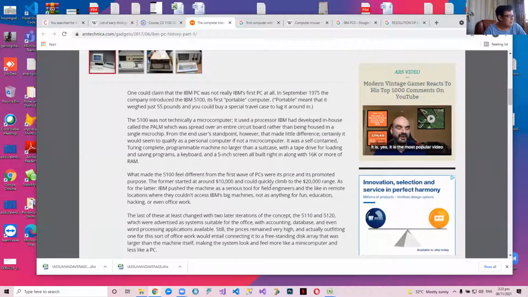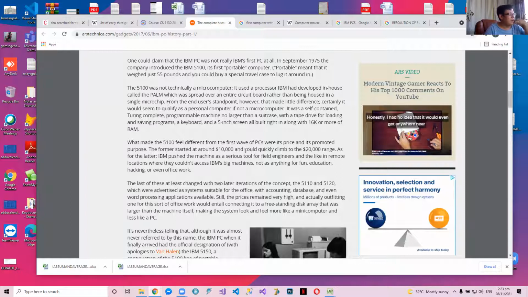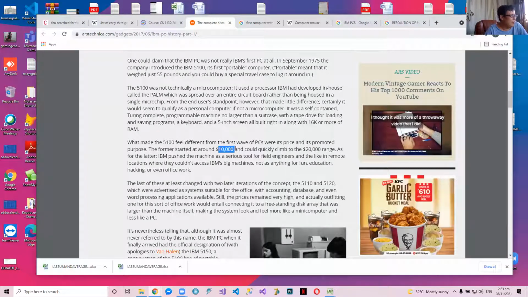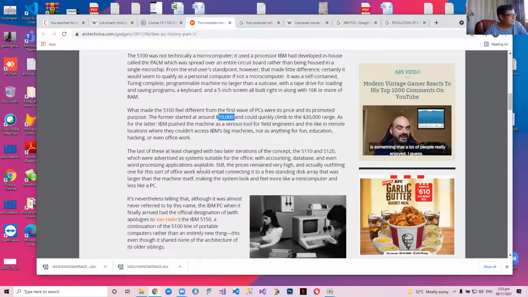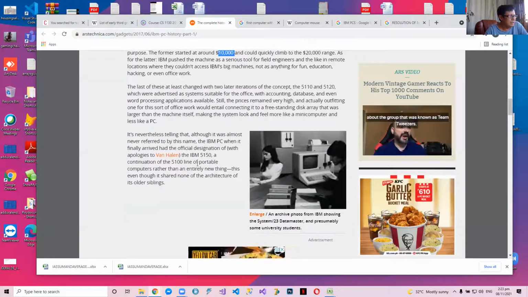The 5100 was sold at $10,000. That's still very expensive. Why? Because Apple was selling its PCs at $600. The 5100 during 1975 was not considered a microcomputer yet.